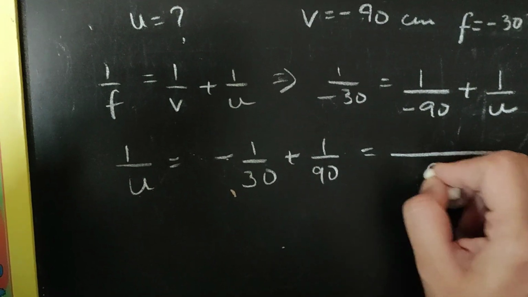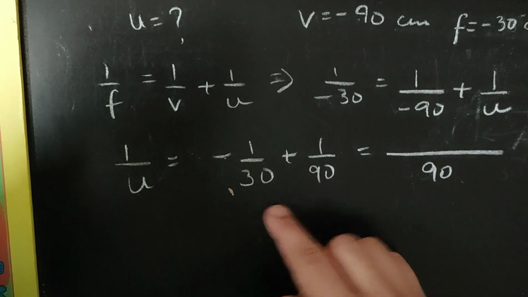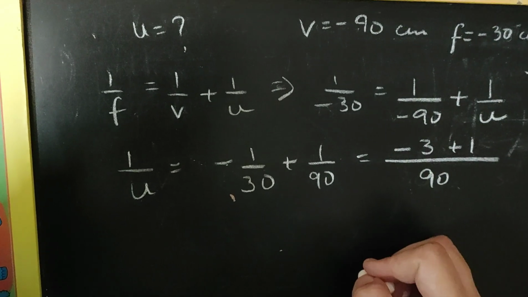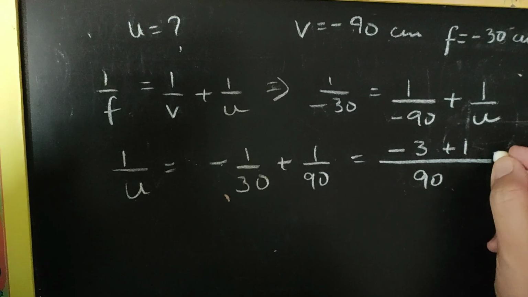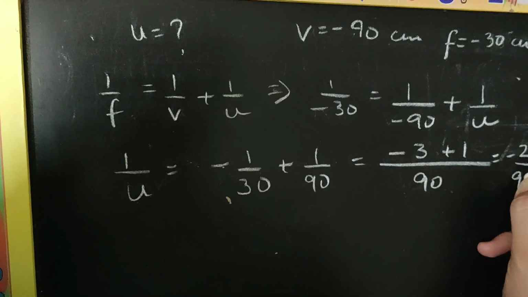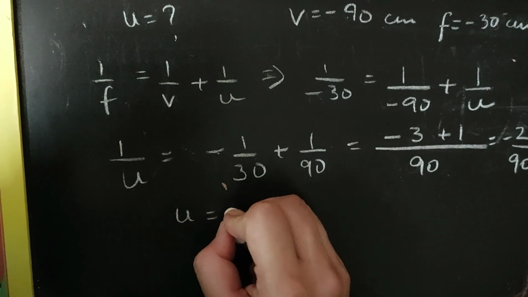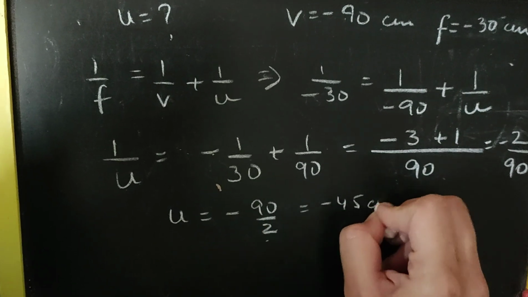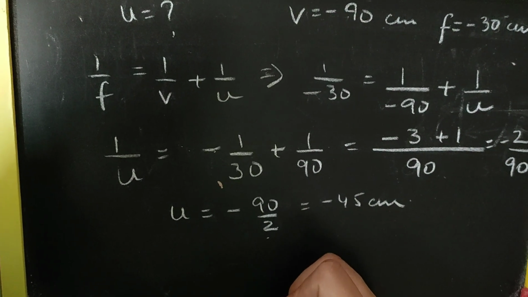So now taking the LCM, simplifying it further, it becomes -2 by 90, or u can be -90 upon 2, that is -45 centimeter.